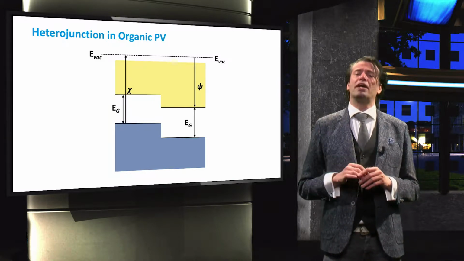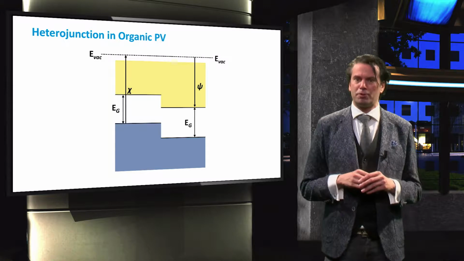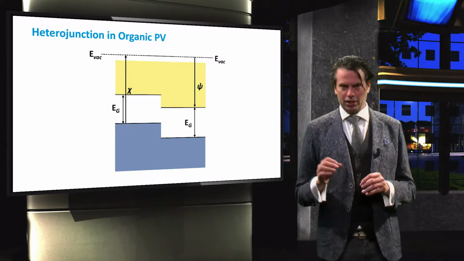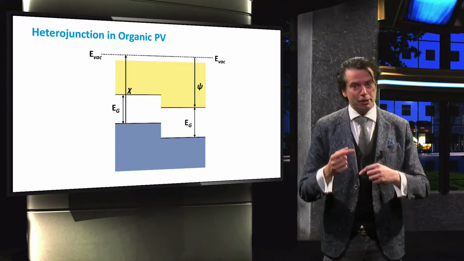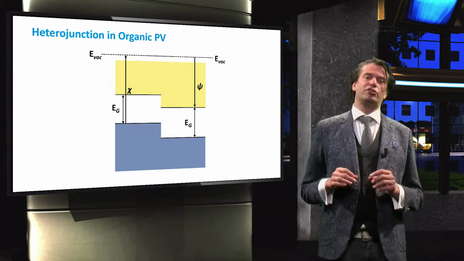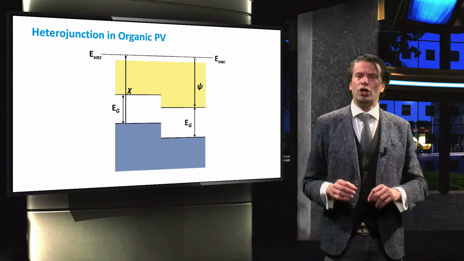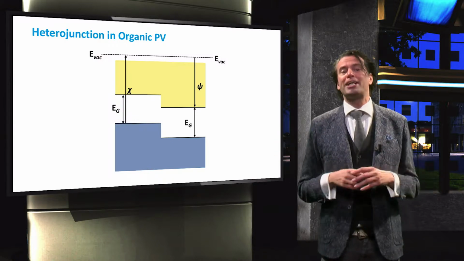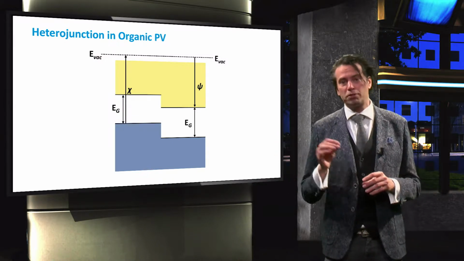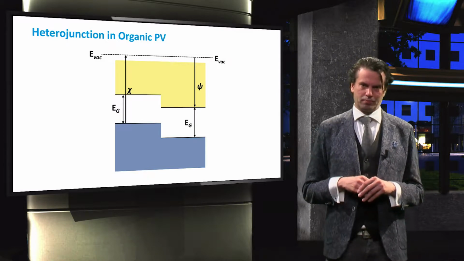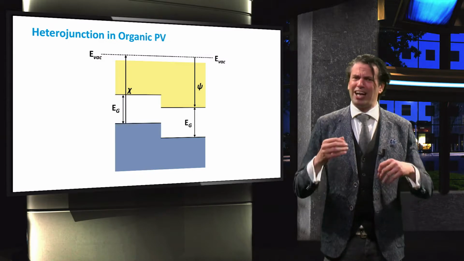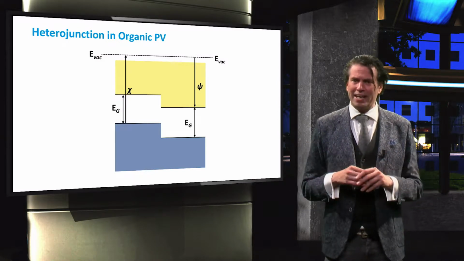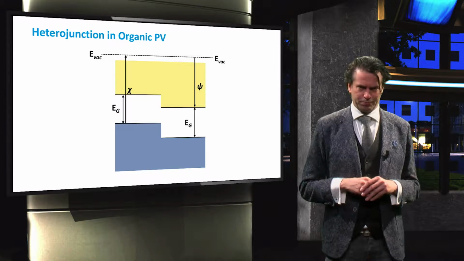The lack of doping, however, results in the absence of a depletion layer. The width of the depletion layer is inversely proportional to the doping levels in the materials brought together, which in turn removes any electric field formed by the depletion layer. The heterojunction of intrinsic organic materials therefore lacks any sort of band bending, as can be seen in this figure.